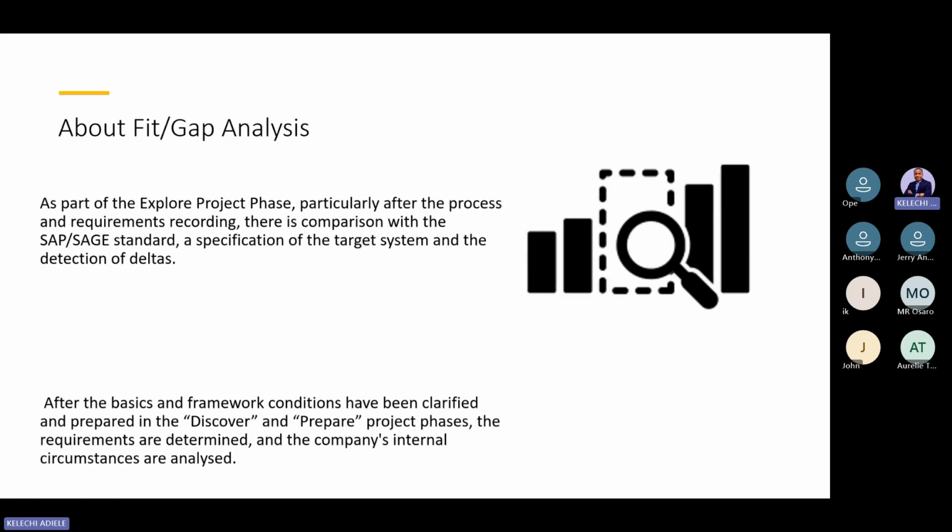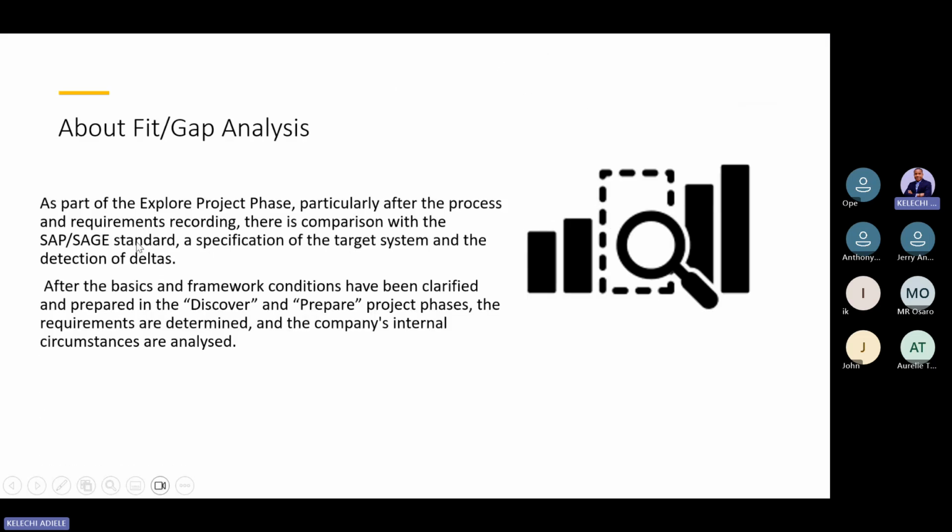Yes. So now what does this mean? It means that, like I was telling you guys, after you have successfully documented the requirements and the processes, the gap is a comparison between SAP or Sage standard processes versus what we call the deltas, the standard required, the fits.